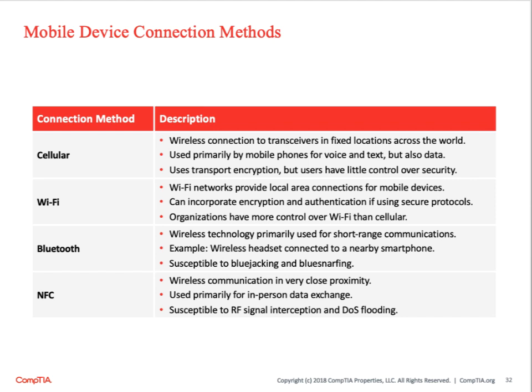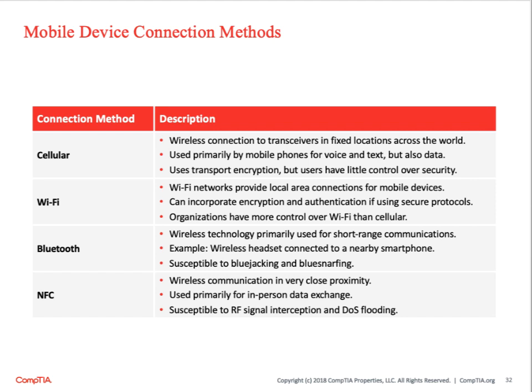Then we have Wi-Fi. Wi-Fi is designed for local area connections, right? LAN connections. So we have secure Wi-Fi networks that are going to incorporate authentication and encryption services that's going to allow us to transmit our data without it being intercepted or deciphered by an attacker. However, some of these Wi-Fi network configurations are going to be insecure.